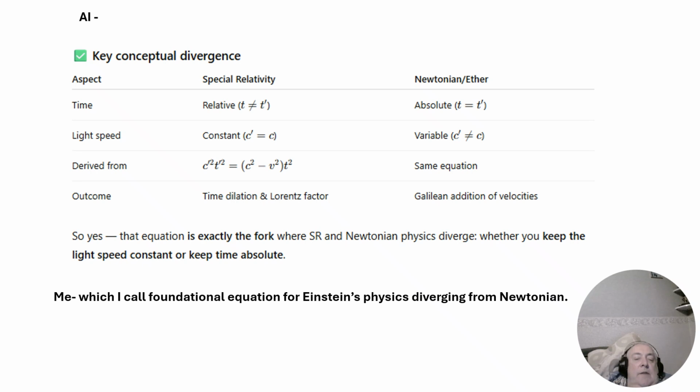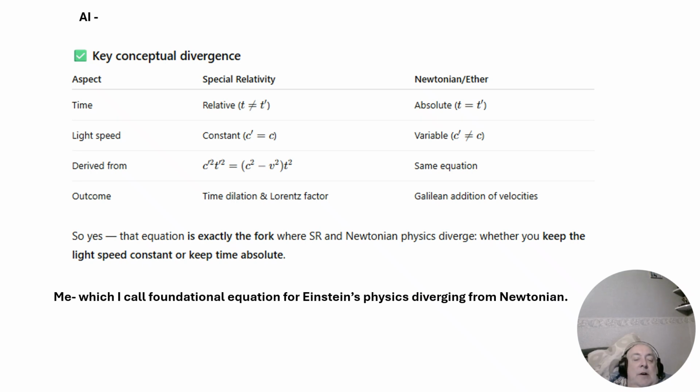So AI then gives the key conceptual divergence. In special relativity, time is relative, and in Newtonian, ether theory, time is absolute. And then in special relativity, light speed is constant, but in Newtonian, ether theory, it's variable, and both those results are derived from the same foundational equation.